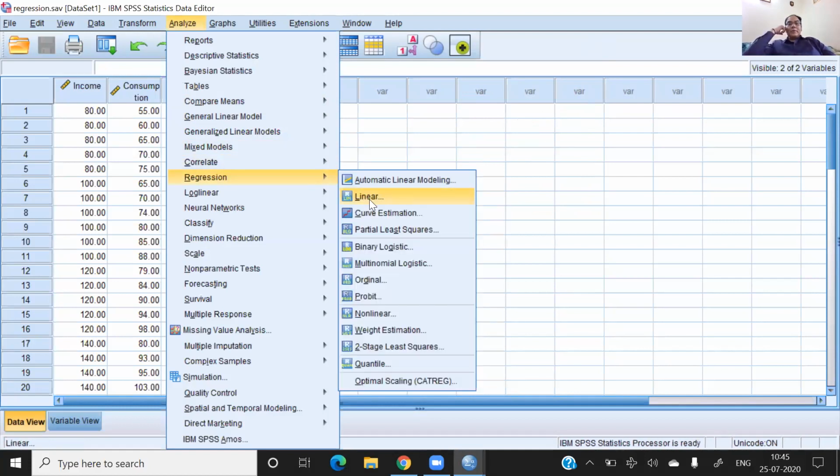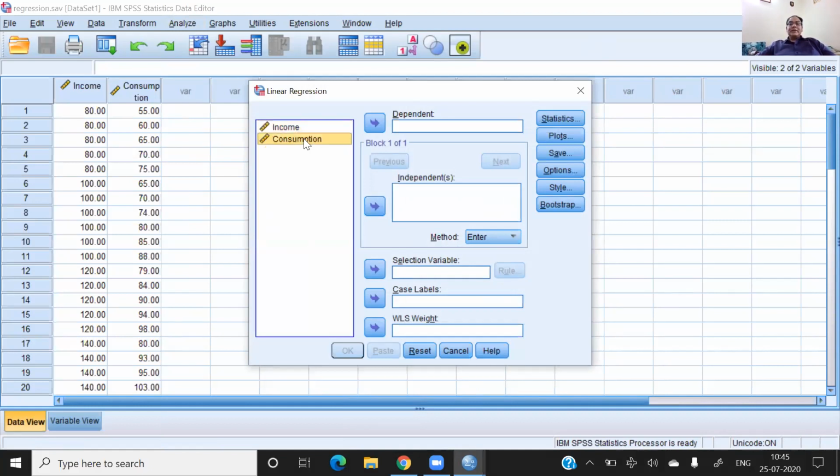So we are going to apply the linear regression line. This is the command, and let's click it. Consumption is my dependent variable, income is my independent variable, as decided by you, and now I'm going to run it.